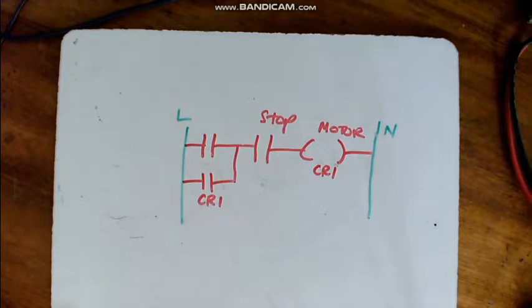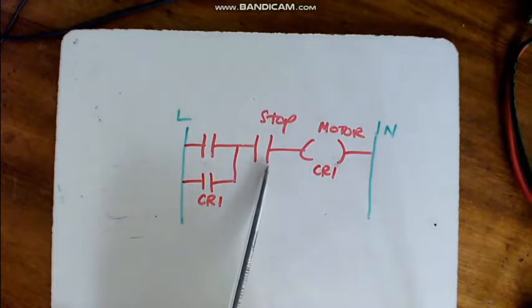The stop contact in the ladder logic is normally open. That is because the input push button has normally closed contacts. Now, in this ladder logic, you'll notice that sometimes for the stop button, they'll show a normally open contact.